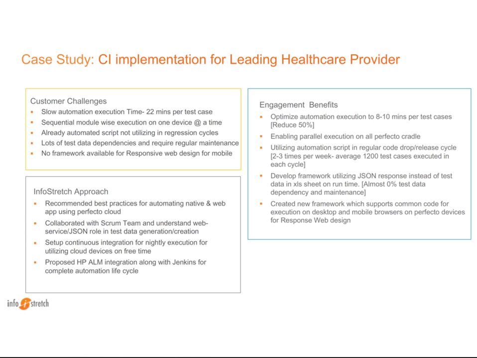Within 2 months, we automated about 400 test cases, which is a big number if you look at it. And it gives confidence as an engineering team or as a product management team that, yes, my product looks solid, even if I have some issues, but those issues can be resolved over a period of time.